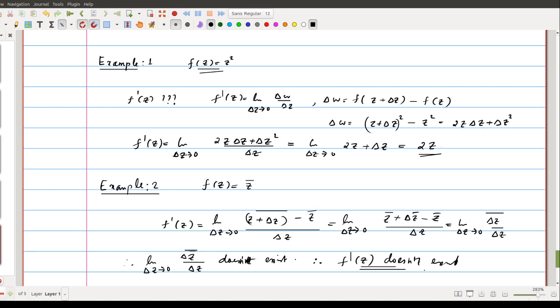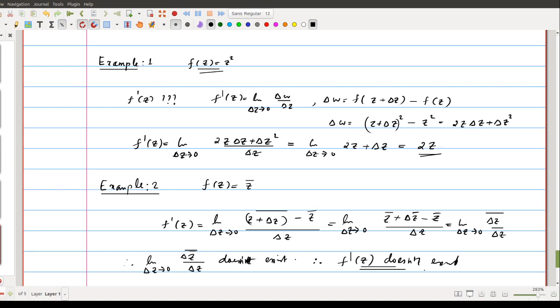And next we discuss some properties of this differentiation. We know that in real analysis there are a number of formulas or identities for differentiation, such as the derivative of a sum of functions is the sum of its derivatives. The product rule and quotient rule and everything is there in real analysis. The same rules hold in complex analysis as well.